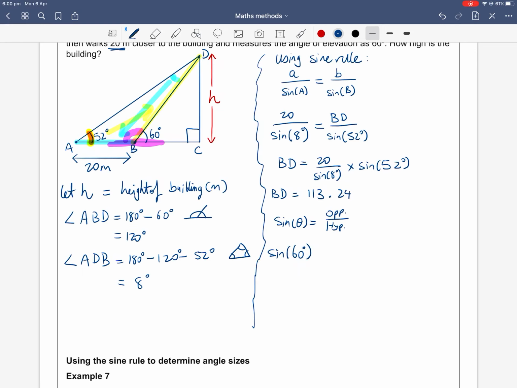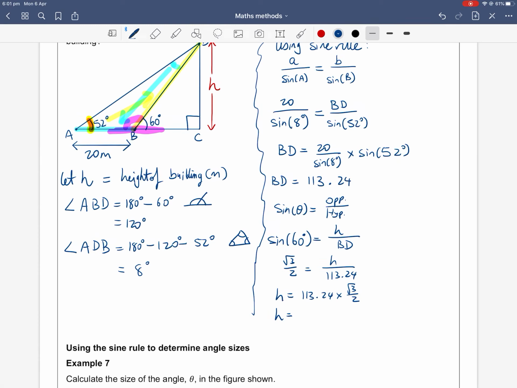In other words, sine of 60 is opposite, which is h, divided by hypotenuse, which is BD. In other words, sine of 60 is root 3 on 2, is h divided by 113.24. So h is 113.24 lots of root 3 on 2. So using a calculator, that's approximately 98.07.